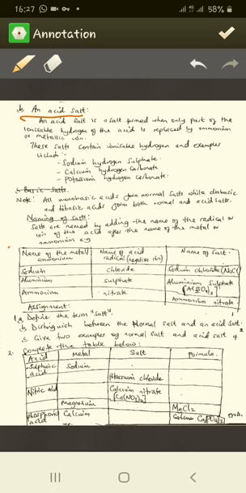For example, this is sodium, and if the radical of the acid is chloride, the name of the salt will be sodium chloride. If this is aluminium and the radical of the acid is sulfate, the name will be aluminium sulfate, like that. And that's how the salts are named.